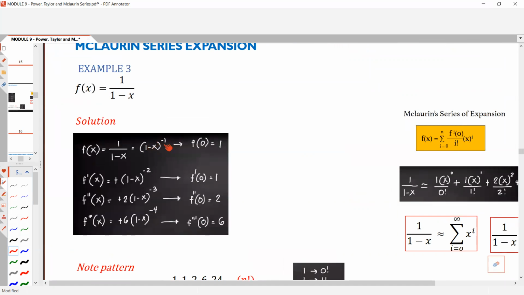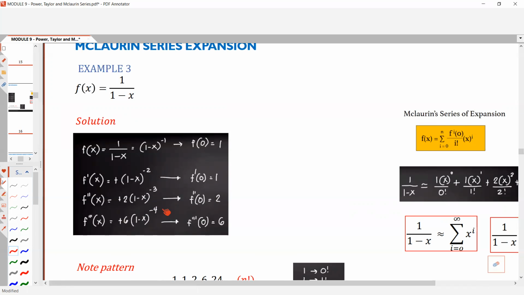If you take the first derivative, that is negative 1 times negative 1, so it becomes positive 1 minus x raised to negative 2. The second derivative is 2 times 1 minus x raised to negative 3. The third derivative is 6 times 1 minus x raised to negative 4.